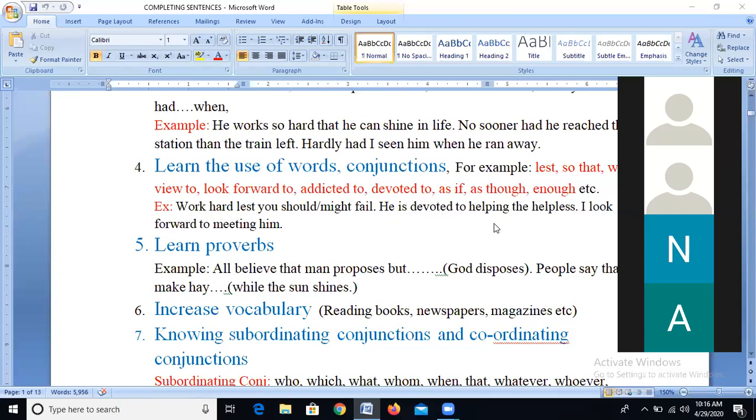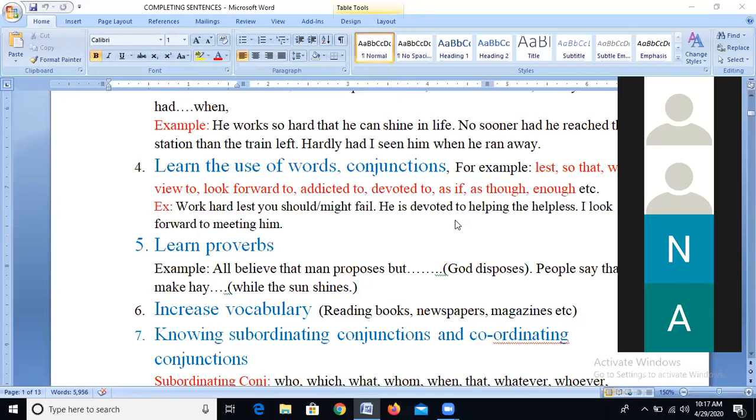He is devoted to helping the helpless. Devoted to helping. So why do I add ing to this part? Because after devoted to or addicted to or prefer to, we usually use a noun.